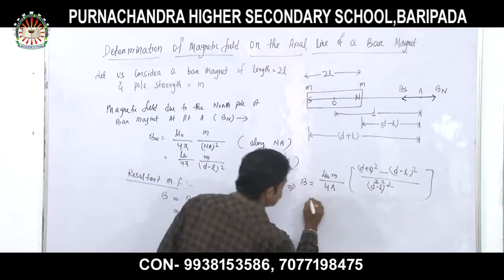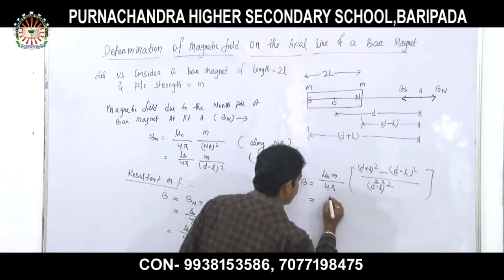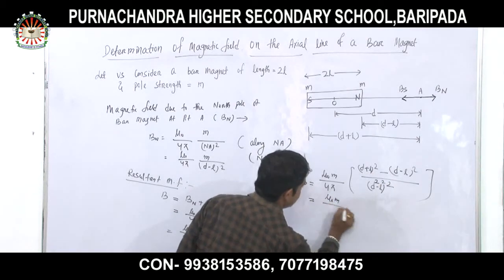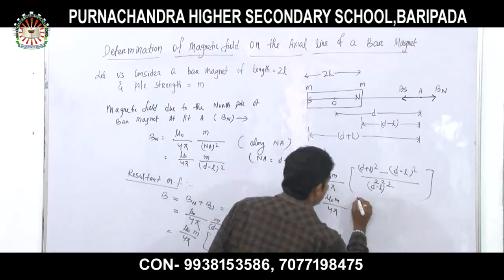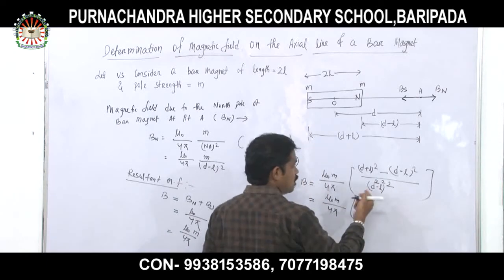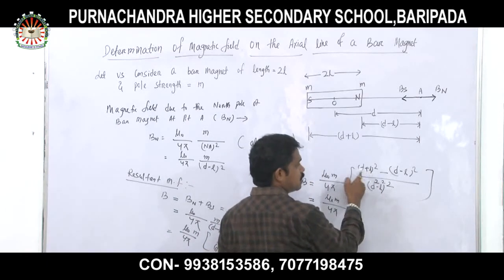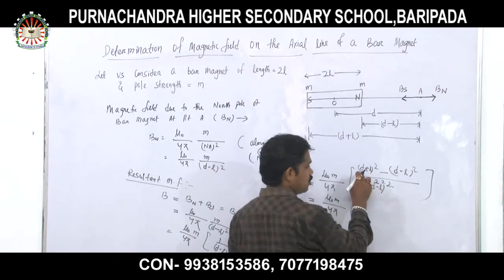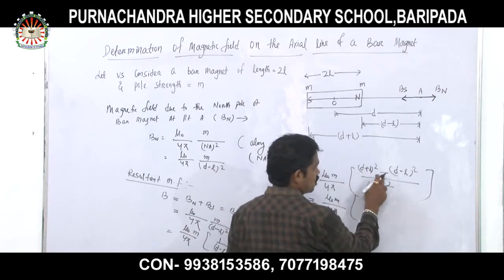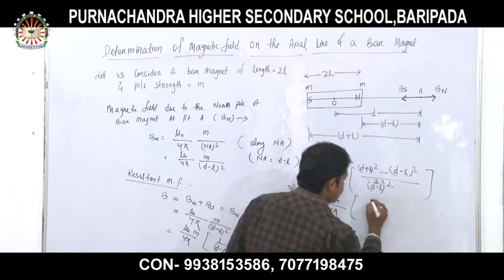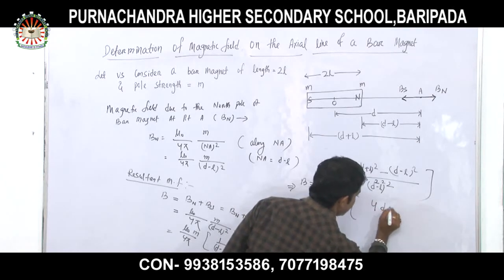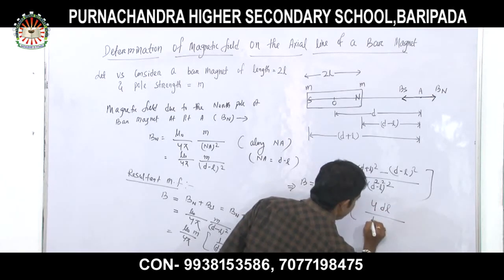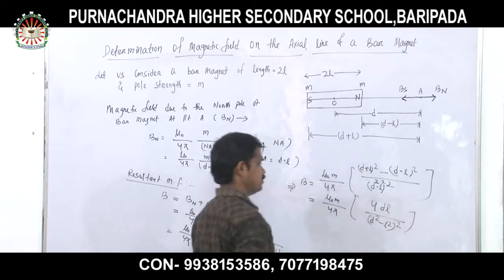Understood? Okay. So now let us solve it. When I will solve it, you can directly put the formula A plus B whole square minus A minus B whole square, you will get 4 DL divided by D square minus L square whole square.